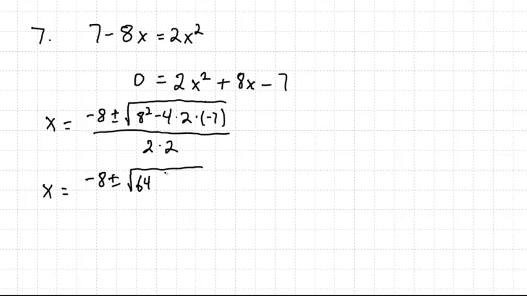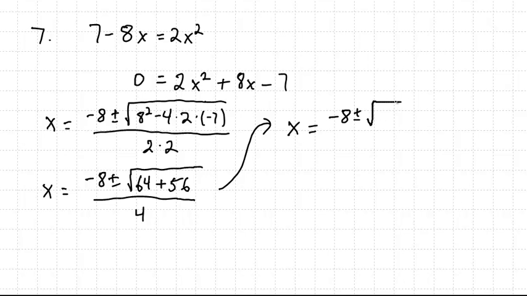Okay, 64. 4 times 2 times negative 7 is negative 56. We're subtracting a negative 56, so this is plus 56. All over 2 times 2, which is 4. X is negative 8 plus or minus the square root of 120 over 4.